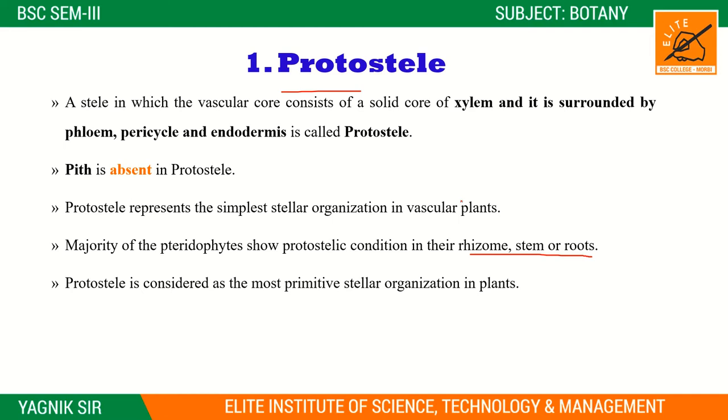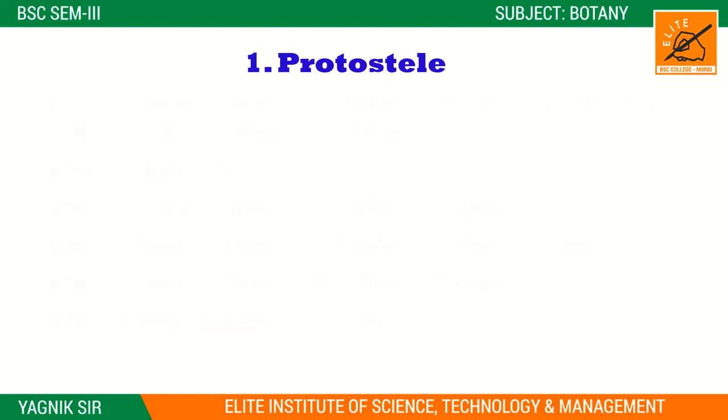So protostele is considered the most primitive stele organization in the plant, right? Because this is the primitive type of stele, and almost all the higher plants have this type of stele present. So normally this protostele has 5 subtypes in the pteridophytes.